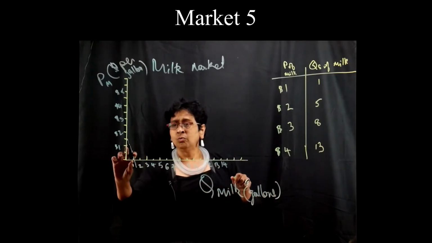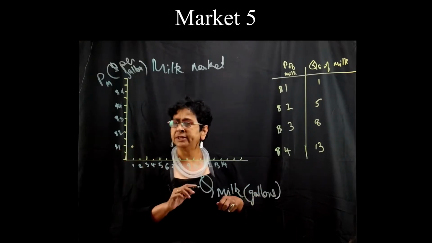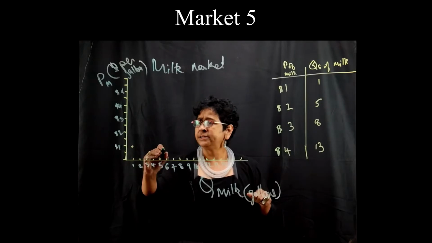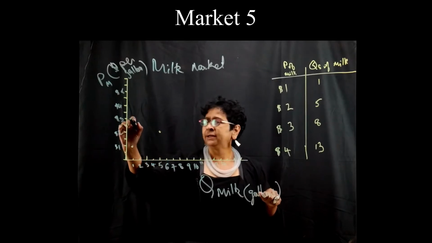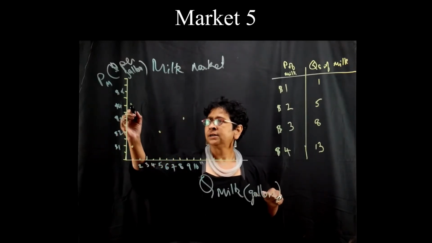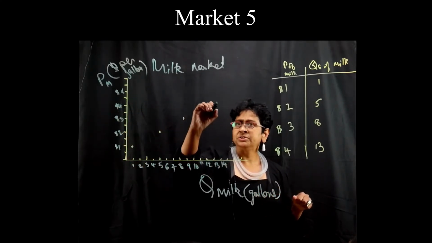So what I do is I just graph these points. At $1 per gallon, the quantity supplied of milk is 1 over there. At $2 per gallon, the quantity supplied is 5 over here. At $3 per gallon, the quantity supplied was 8. At $4 per gallon, the quantity supplied was 13.